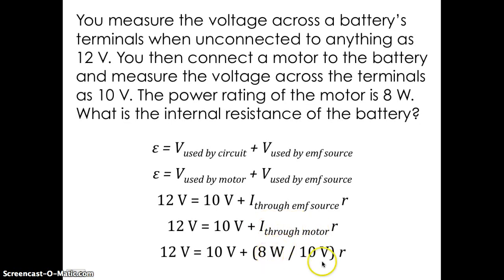Well, we know that power is equal to I times V, current times voltage. So if you solve for current, you get power over voltage, and you can plug in those values, 8 watts, 10 volts, and it's a simple exercise from here to solve for r. r comes to, let's see, 2 volts times 5/4. That would be 2.5 ohms is the value of r.